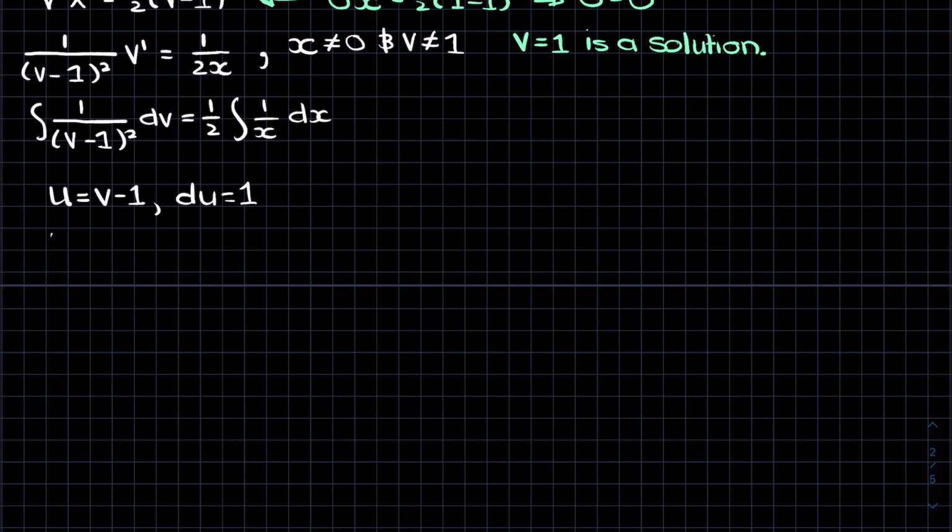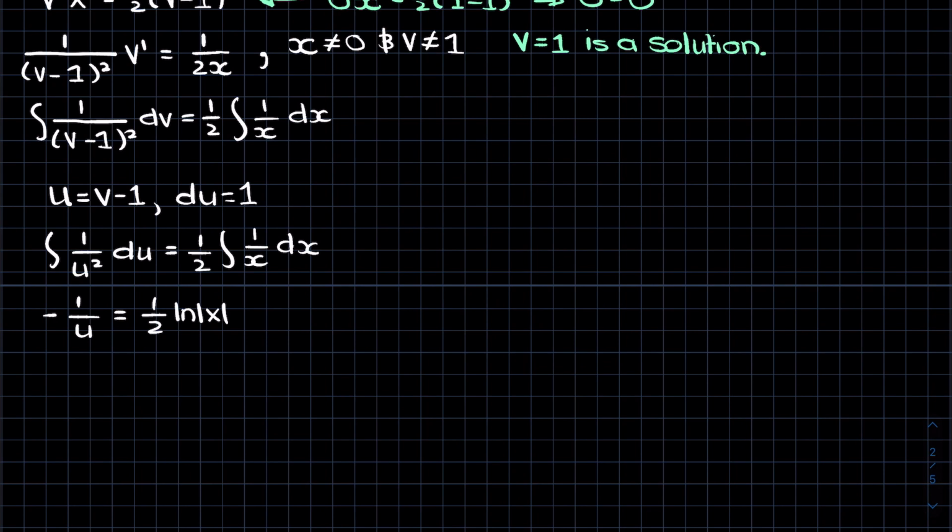So that will just give us the integral of 1 over u squared du, and that will equal a half the integral of 1 over x dx. Now we're just going to get minus 1 over u, and that's going to equal a half times the logarithm of x plus some constant c.